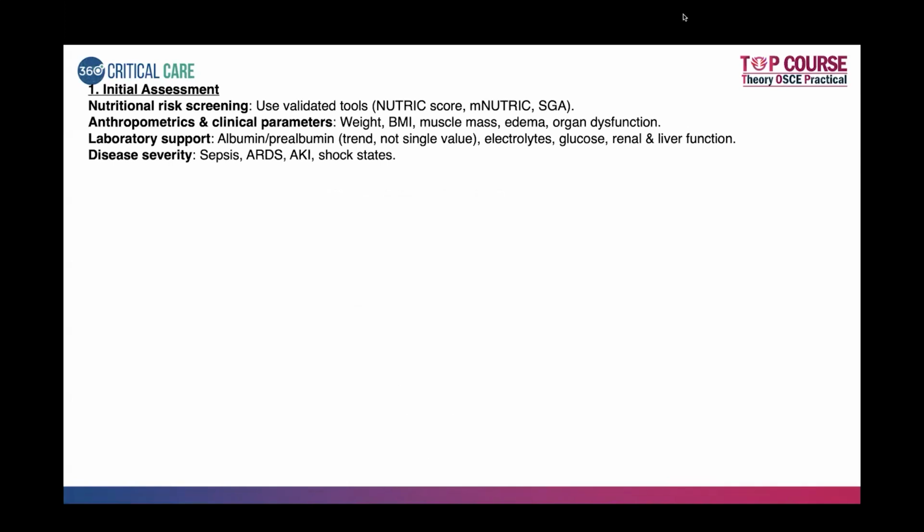Then anthropometrics and clinical parameters like BMI, weight, muscle mass, edema, or presence of organ dysfunction. Then lab parameters that can be used are prealbumin, electrolytes, glucose, renal, and liver parameters. Then disease severity like sepsis, ARDS, and shock states. So these can be kept in mind.